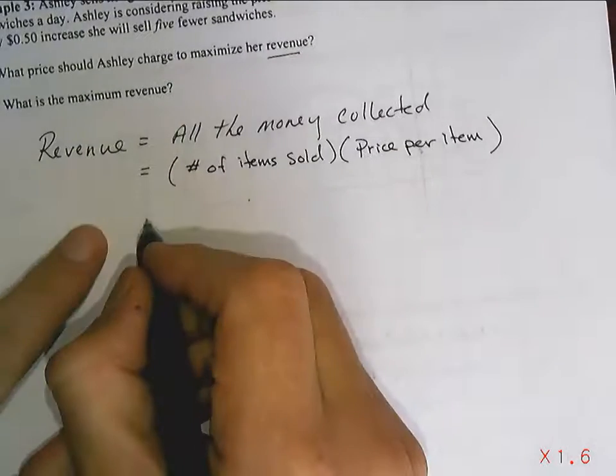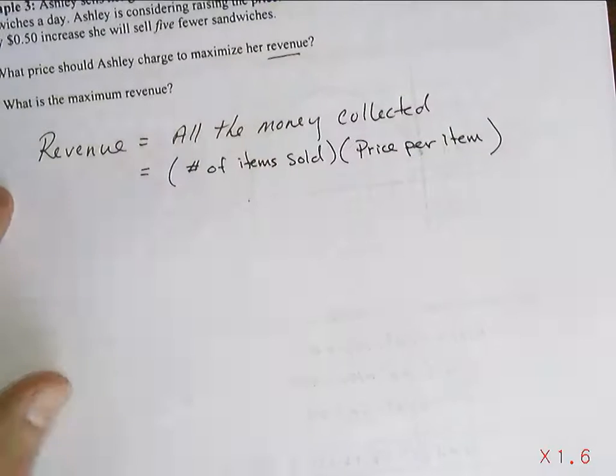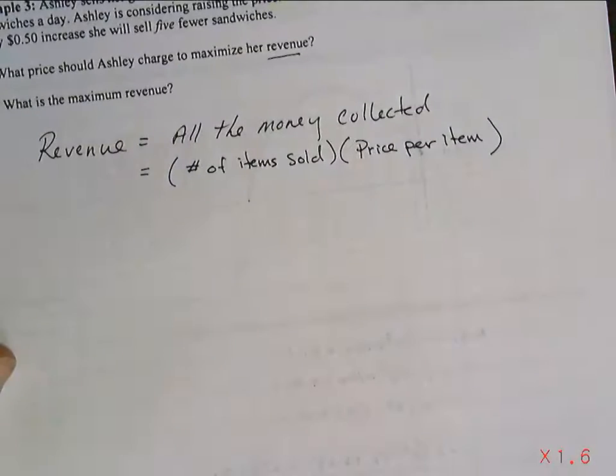So, the number of items sold and the price per item all depend on one thing. What? Anybody? I'm asking you guys.